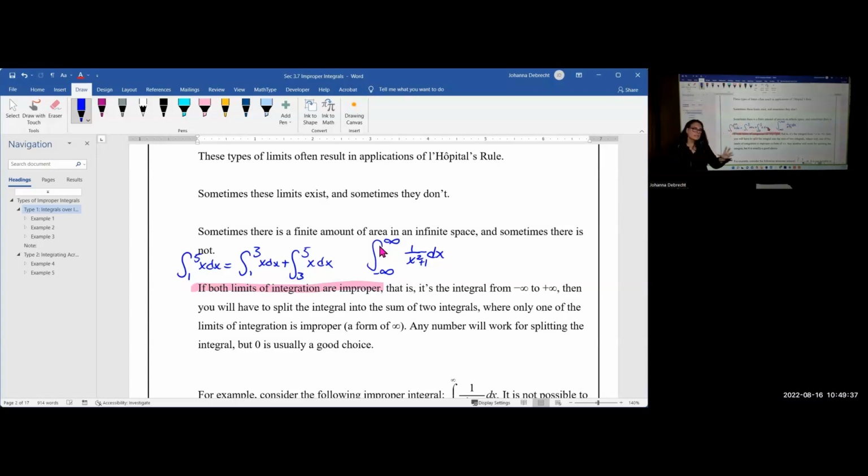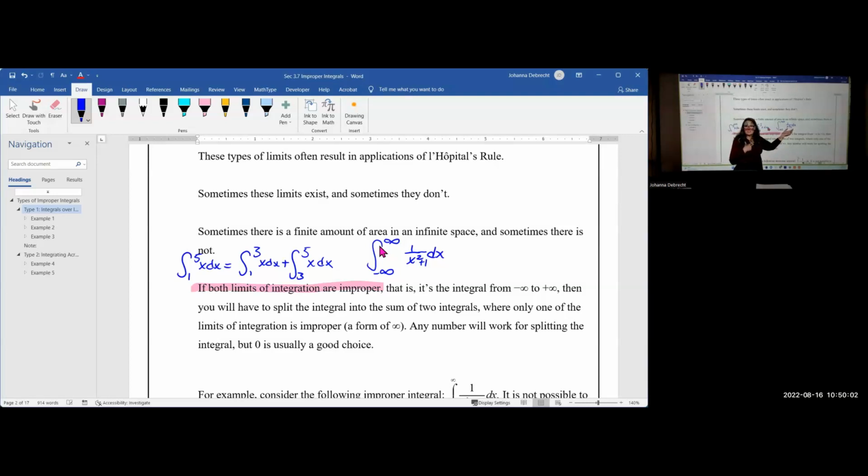We need to use a similar idea to simplify this right here so that only one of the limits of integration is improper at a time. So we just pick a convenient value that's in this interval between negative infinity and infinity. Now, any convenient value will do. You don't have to make it complicated. You can pick an easy one.